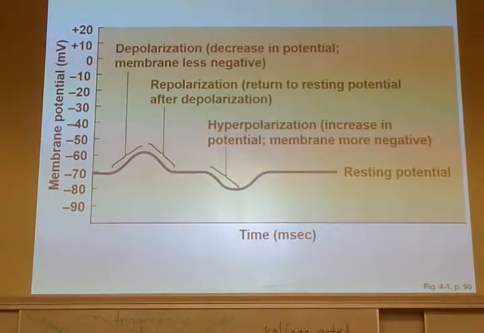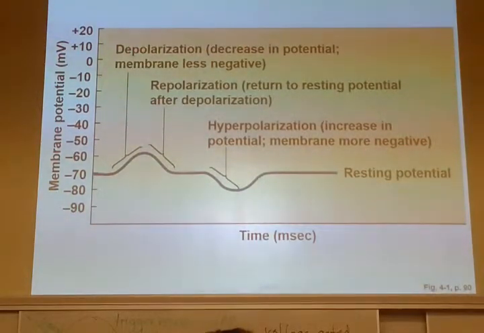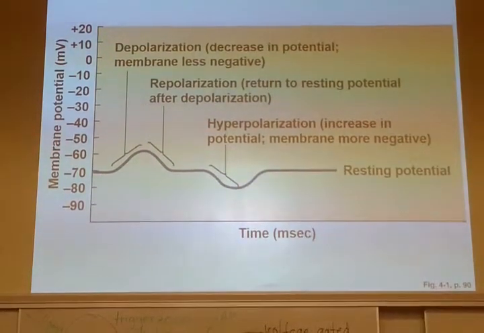you get a large influx of sodium. You remember the conformation. Here the channel has an internal gate that's closed, and you have an external gate. This activation gate is closed until you reach threshold.